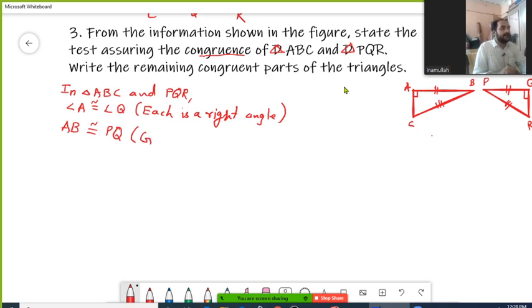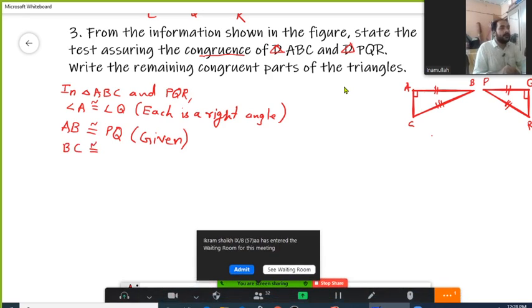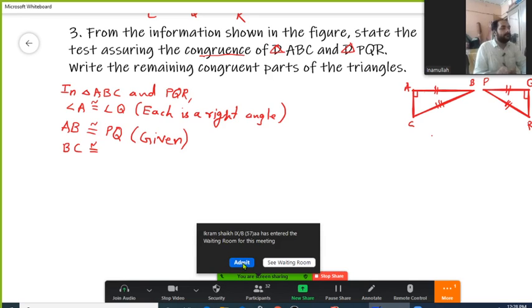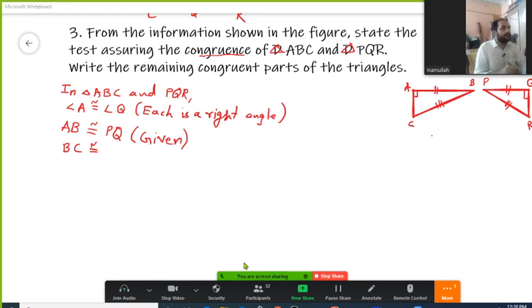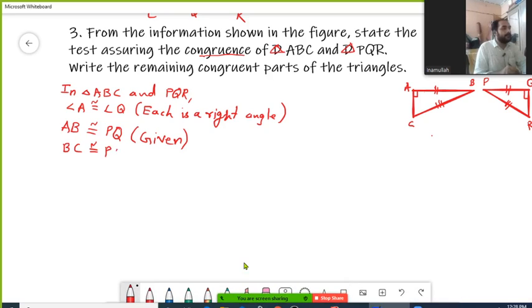This is given. So here I'll write given information. Besides, BC is also congruent with PR. So here I'll take PR. It is also given.